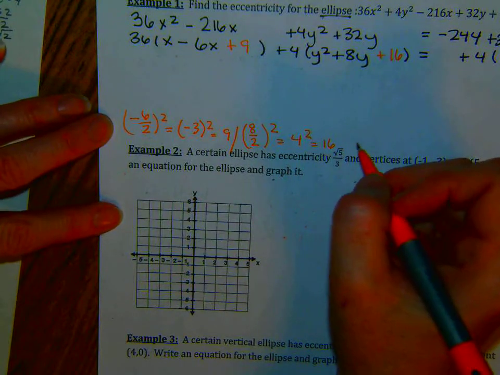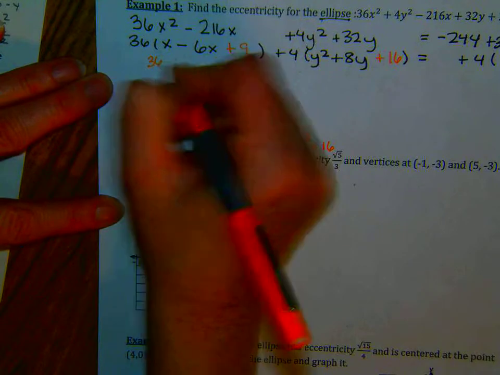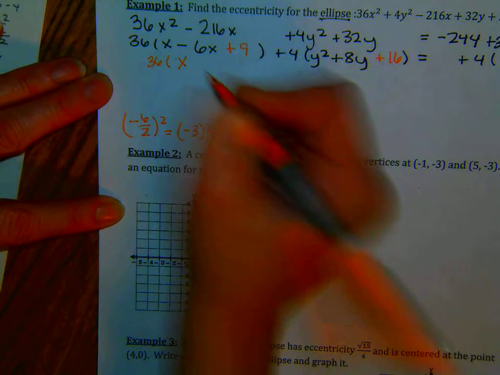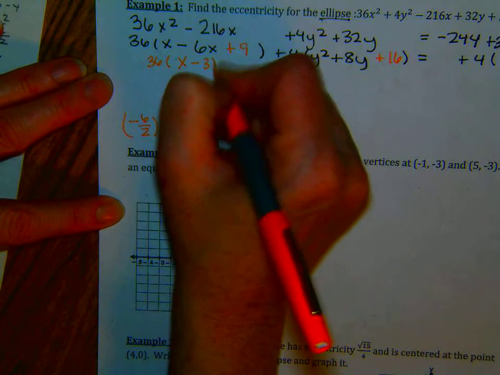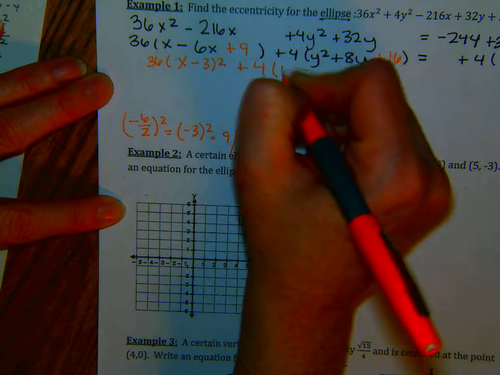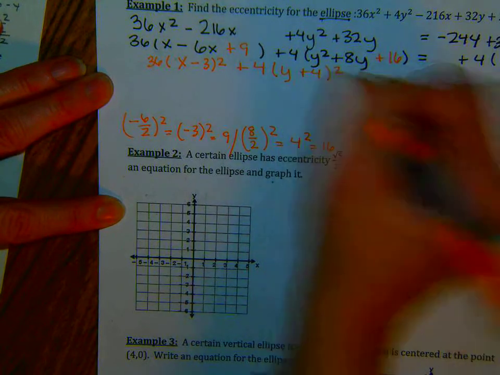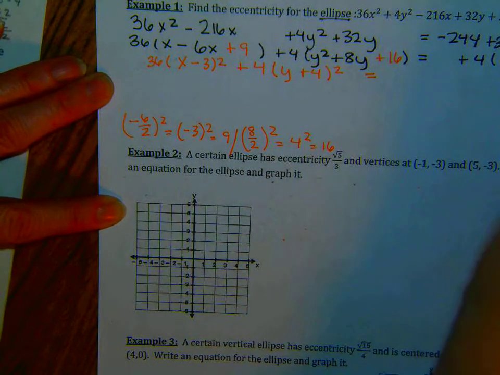So now I'm going to say 36 times my binomial squared, x minus 3 squared, plus 4 times y plus 4 squared equals, and I'm going to add all these together.